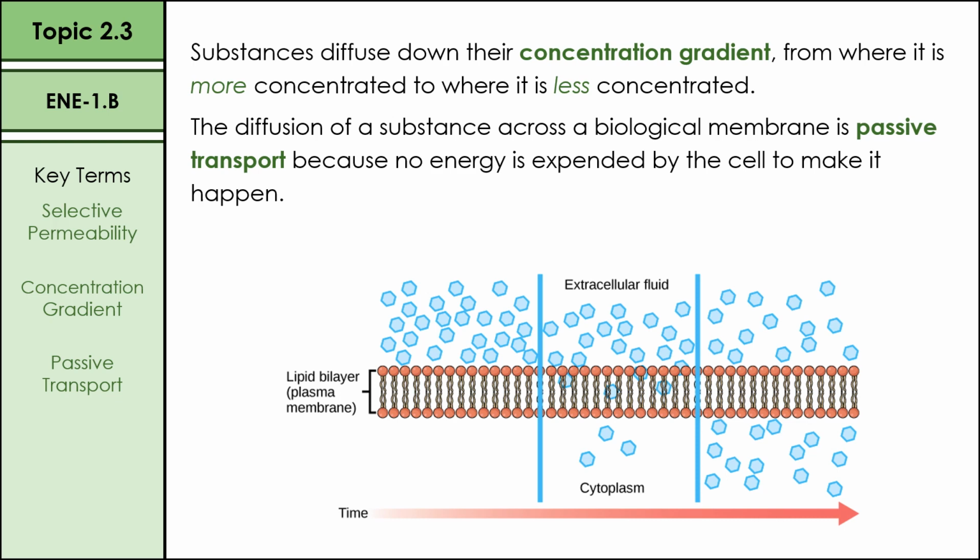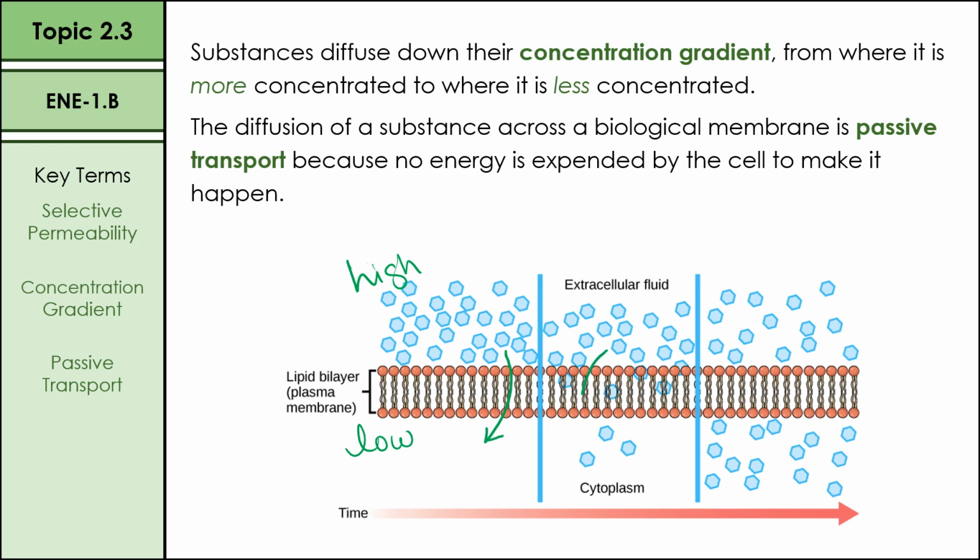So let's take a look at this picture. We have some molecules that have high concentration on one side of our membrane. So we have high on this side of our membrane, and we can compare that to low. They're going to travel from the area where they have higher concentration to the area where they have lower concentration.